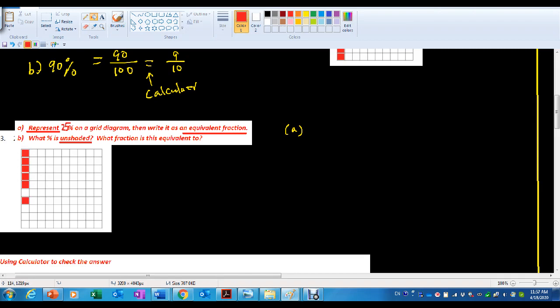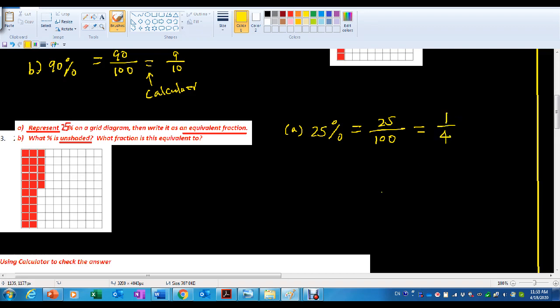That's 10, that's 20, so that's 25. For the equivalent fraction, you need to write 25% as 25 divided by 100 and use your calculator again. It will show 1/4.